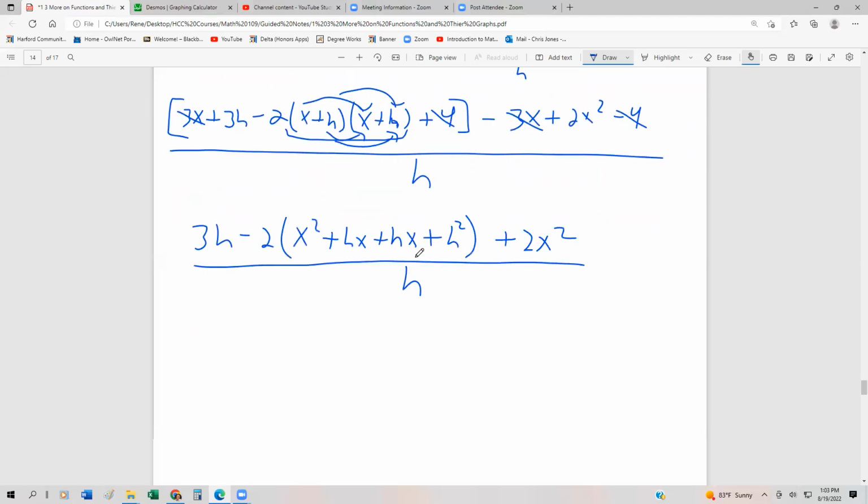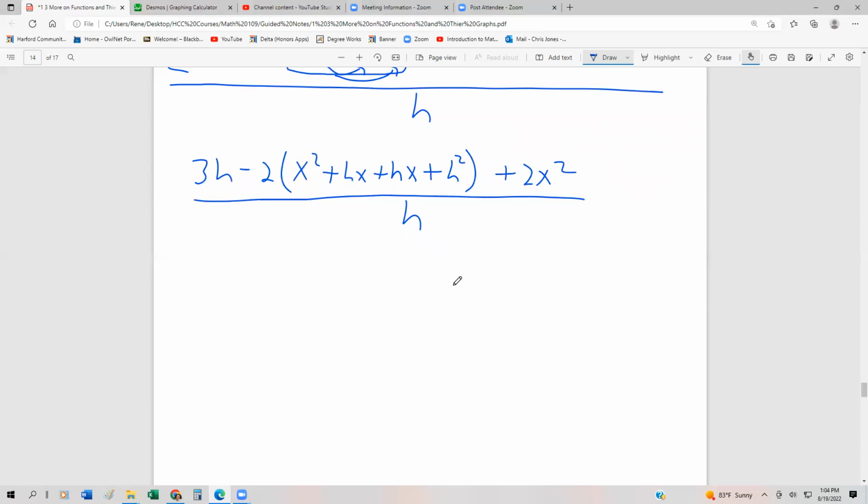Now, finally, we could distribute the negative 2 and then maybe collect some like terms after that. Okay, so we're getting close to being done with this one, but it is a little bit more algebraically taxing than anything else we've seen. So we have 3x, or 3h, excuse me, minus 2x squared, plus, I'm sorry, minus 2hx.